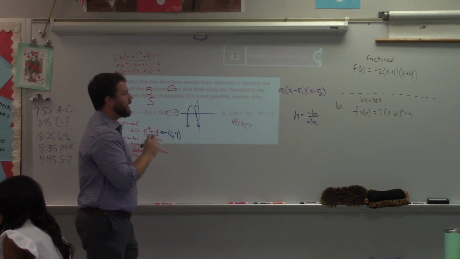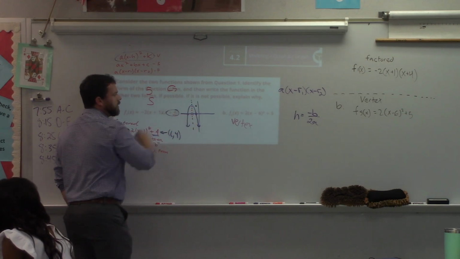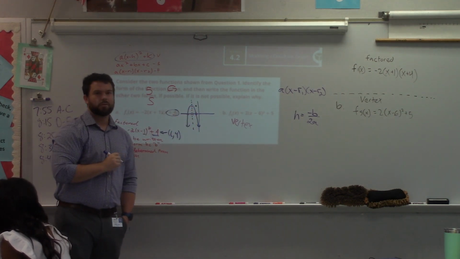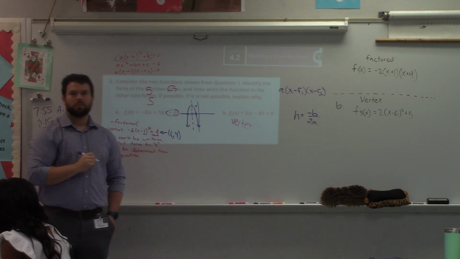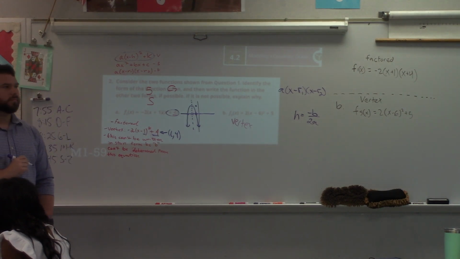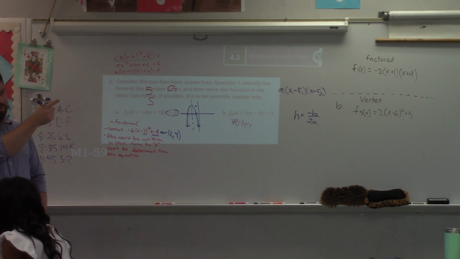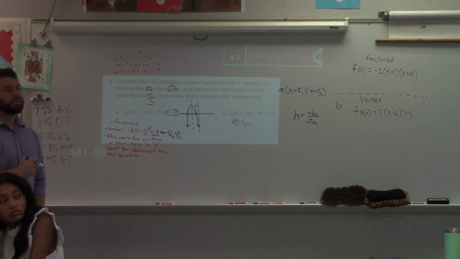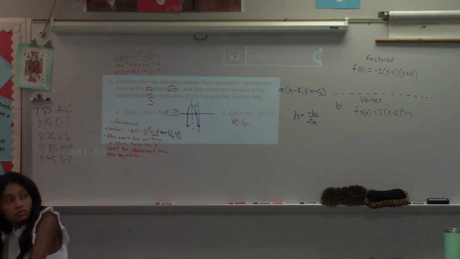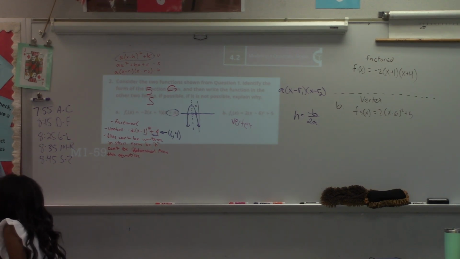But can I find h from factored form? Where is that h in respect to my roots? In the middle. It's in the middle, isn't it? Remember how we looked in blue over there earlier, and what did we do to those roots to find h? There's an A word. We averaged them, didn't we? Don't forget the difference.